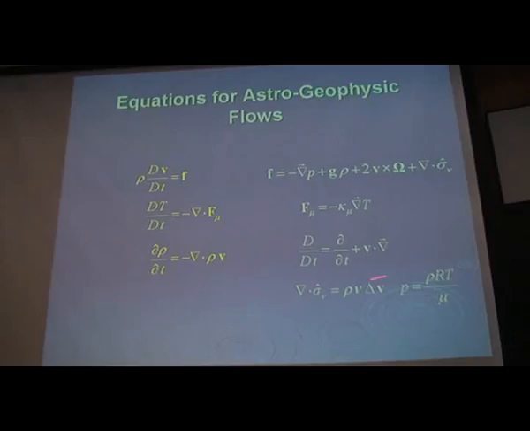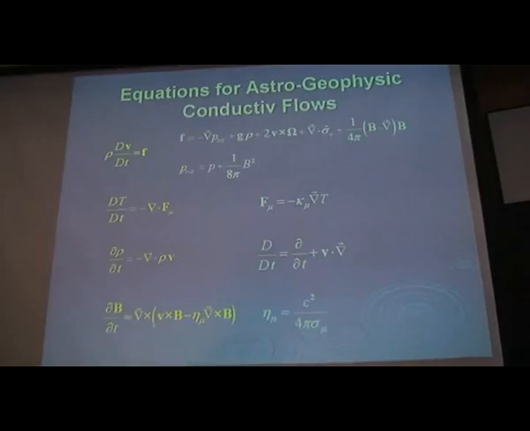And we should add an equation of state in order to close the system. All this is trivial, of course. If we try to involve plasma or, in general, conductive fluids, we should add the induction equation and take into account electric conductivity.